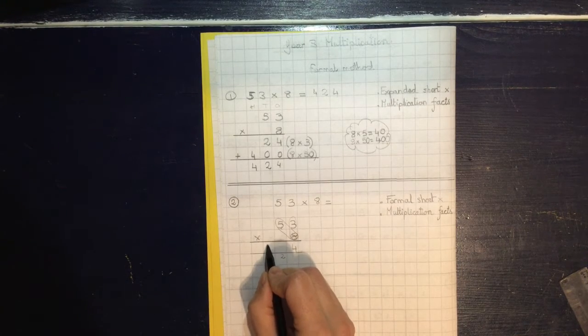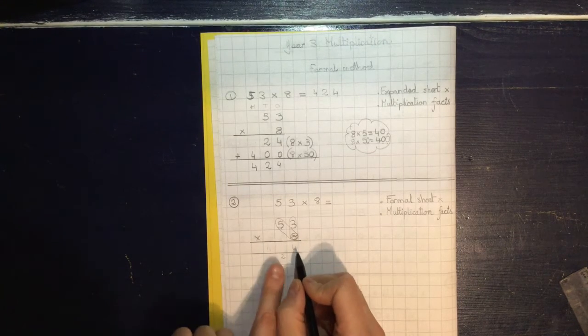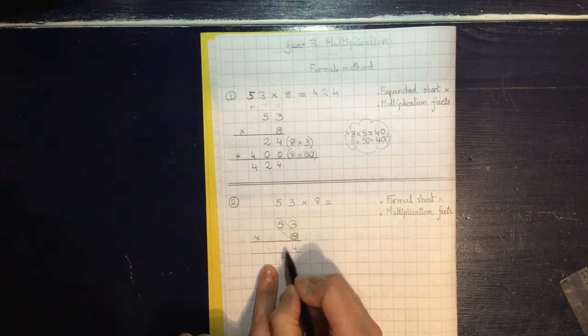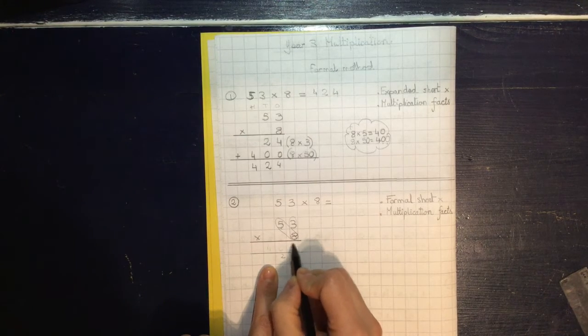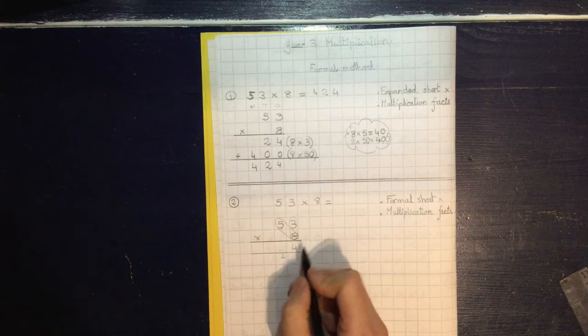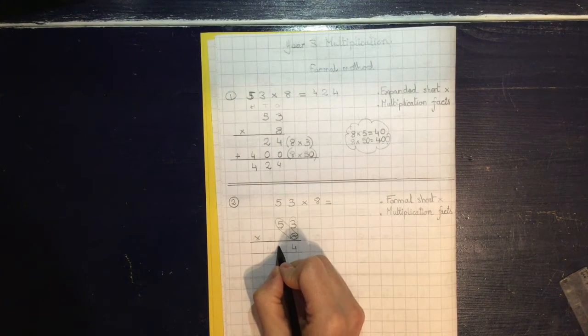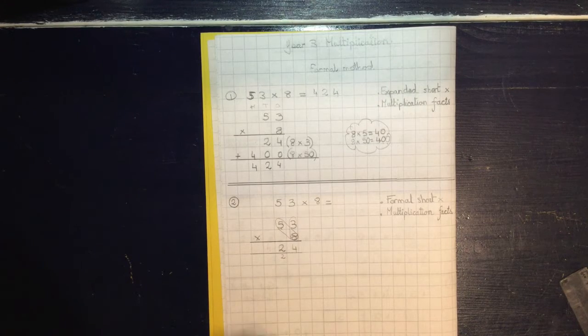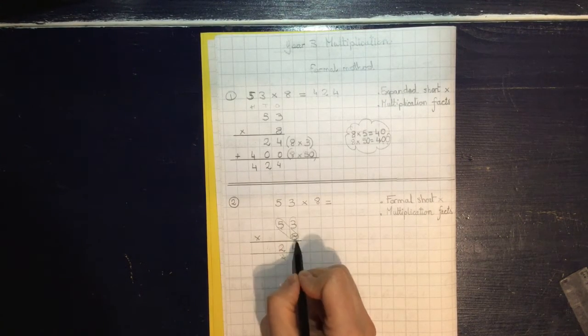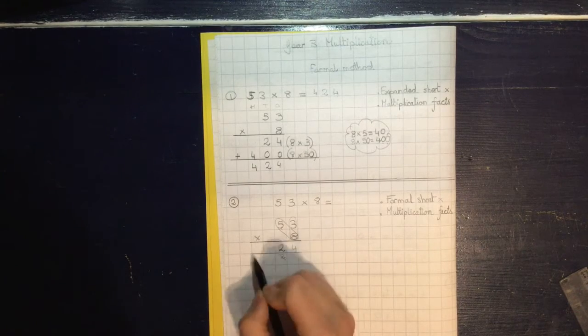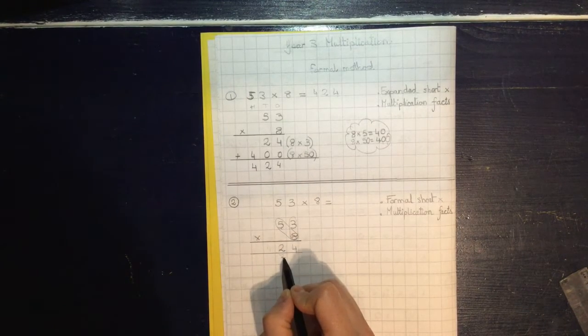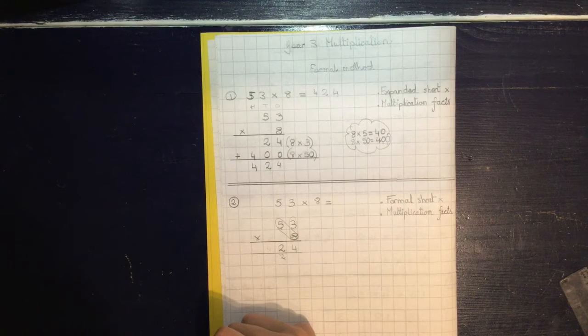So I would have a 400 here. That would be the 400, and I need to add the 2 tens. So 424. Instead of 40 tens, that would be 42 tens, if you want to see it like that.